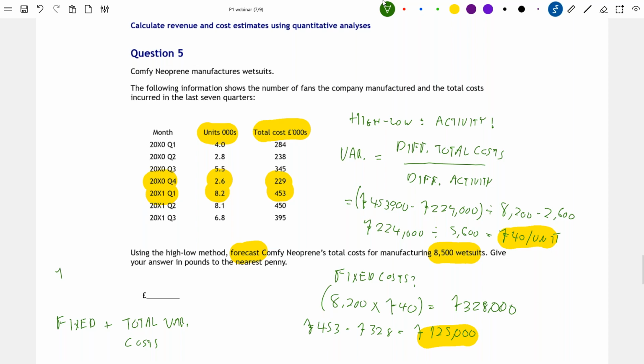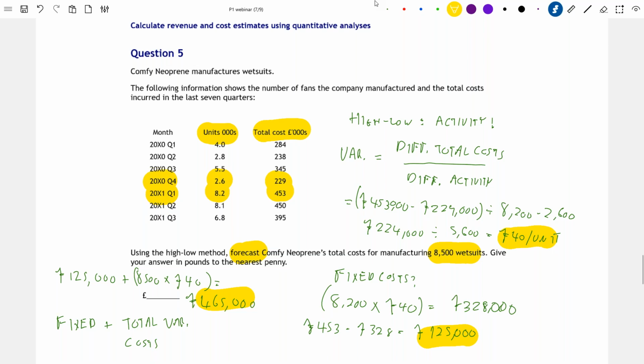So £125,000 plus 8,500, this is our desired forecast amount, multiplied by the variable cost per unit. So this gives us £465,000.